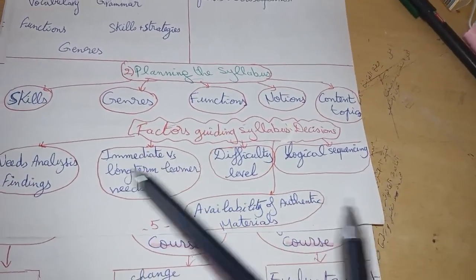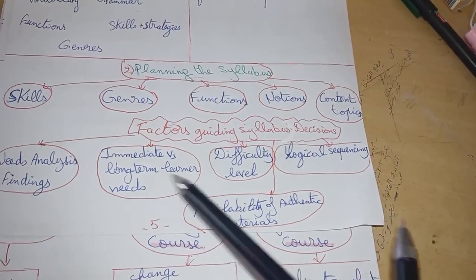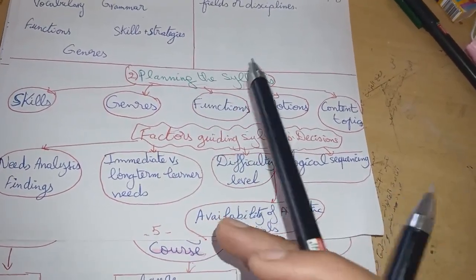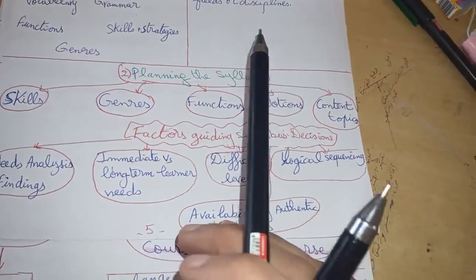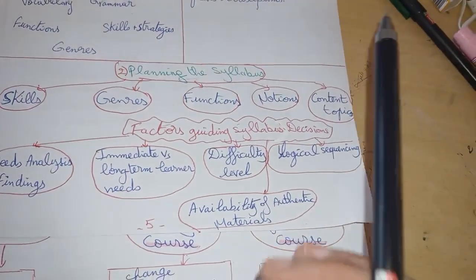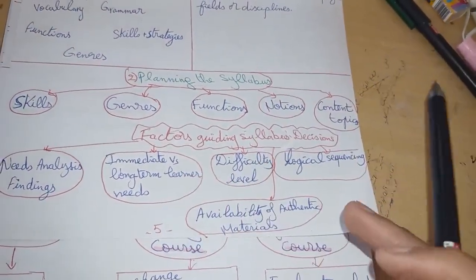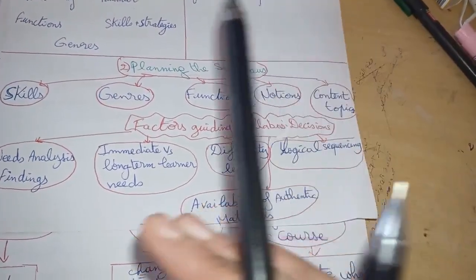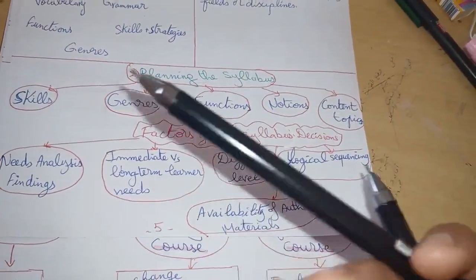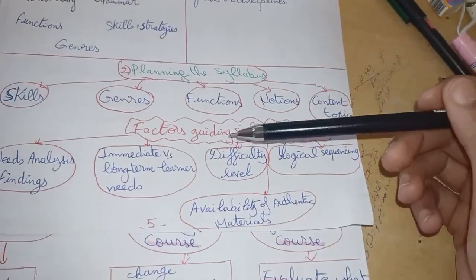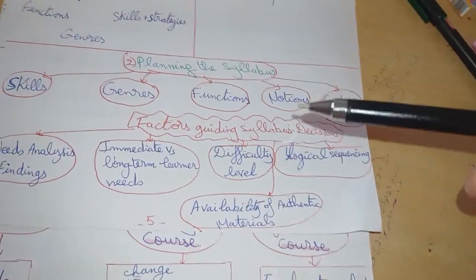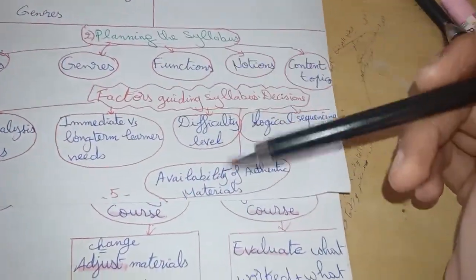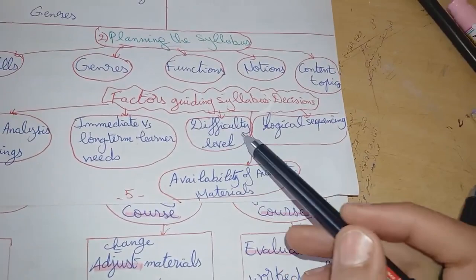Also we have immediate versus long-term learner needs. Immediate means those needs appear in that moment, and the long-term learner needs, they need them later on. So we'll focus on the immediate one, and then go from important to not important, or urgent and not urgent.